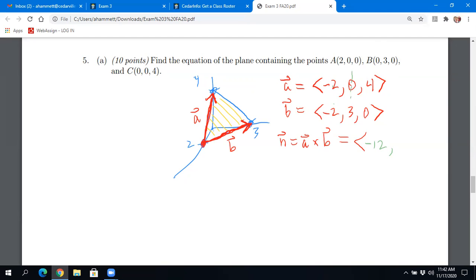Well, I cross off the middle guy, and I negate. What happens if I do -2 times 0 minus -8? So minus -8 is +8, so that's -8 for that guy. And then finally, if I cross out the last column, it's just -6. So a normal vector is -12, -8, -6.